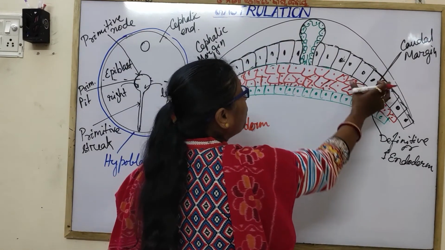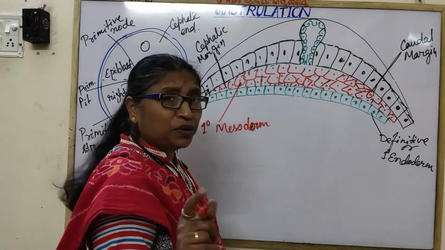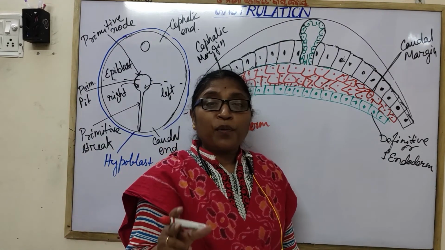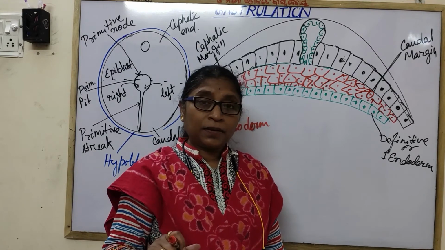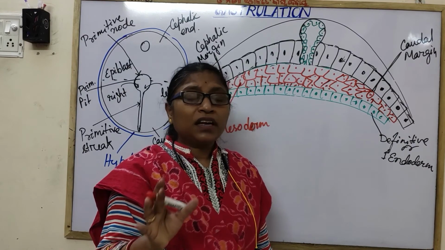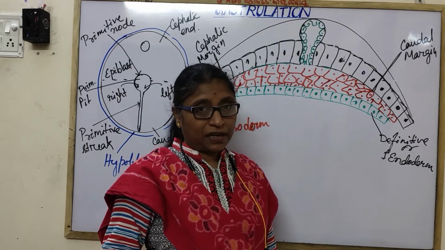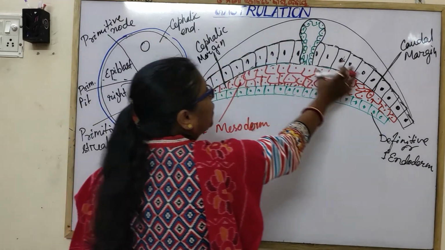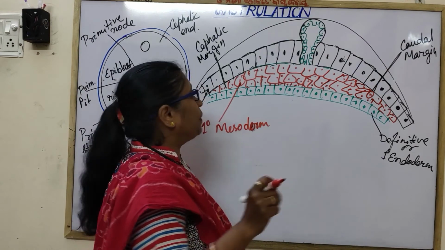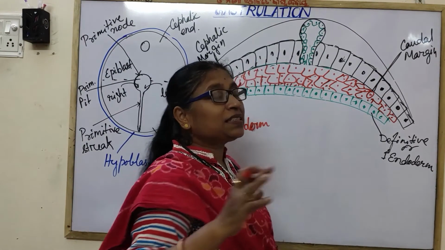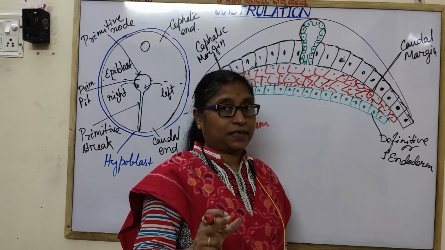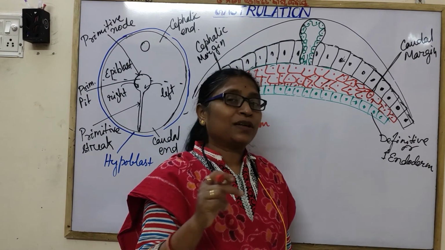The rest of the cells left in the epiblast make up the proper embryonic disc. I forgot to tell you one thing. This epiblast is the proper embryonic disc because from that epiblast only, all three germ layers develop. So the rest of the cells left in the epiblast, or proper embryonic disc, become the ectoderm.